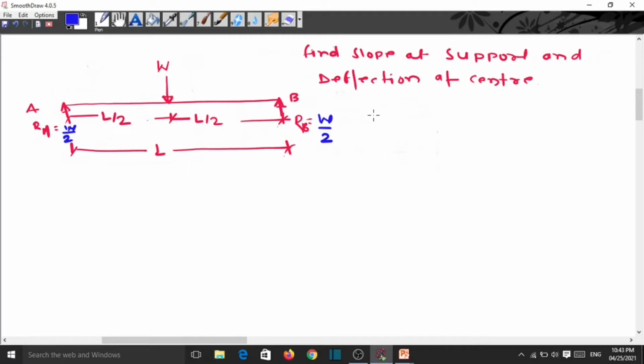So we have to use the differential equation of the elastic curve, that is EI d2y by dx square is equal to Mx, where Mx is the bending moment of the beam. For Macaulay's method you have to make sections. Here the force is W by 2 and here W. So make one section.